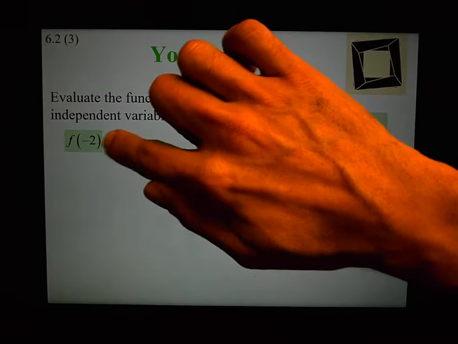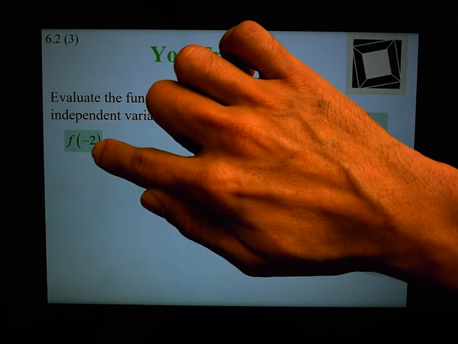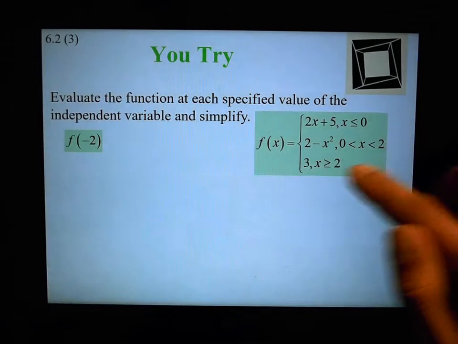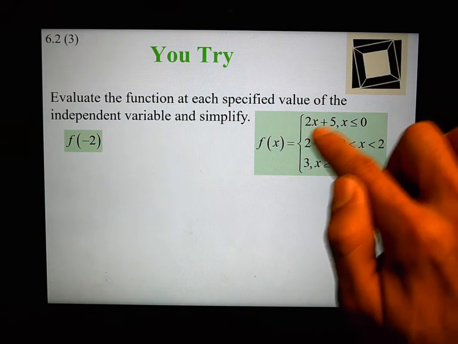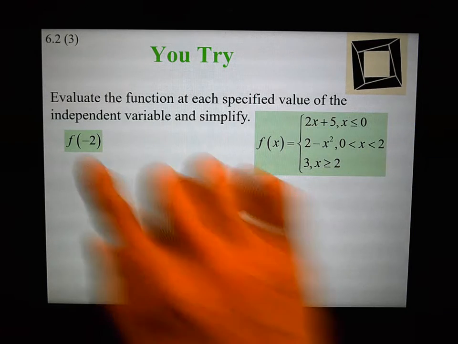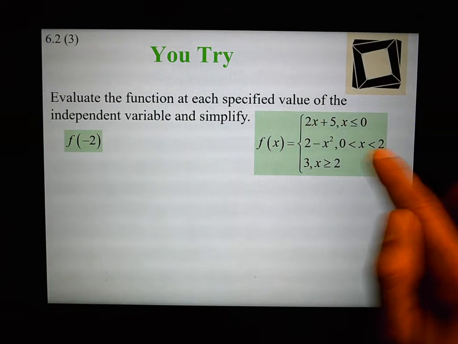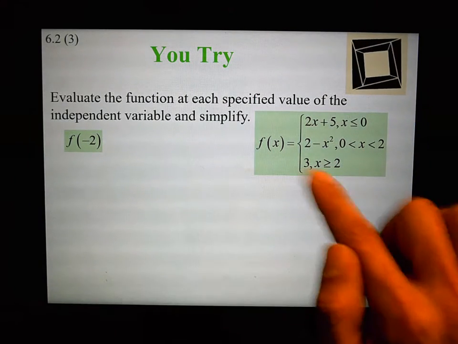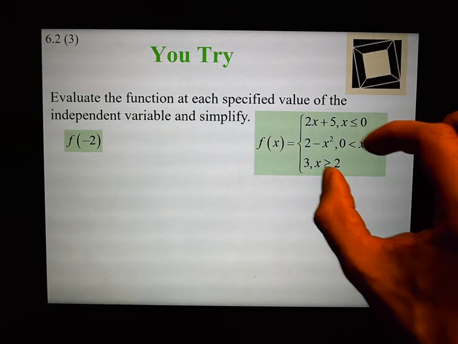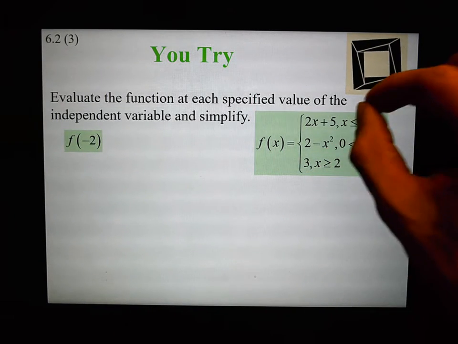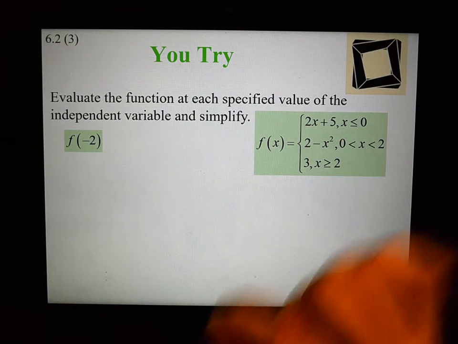Is that less than or equal to 0? So I can only plug that -2 into this piece of the function because -2 is not between 0 and 2. It's also not greater than or equal to 2. So this lets you know what part of the piecewise function you're going to use.